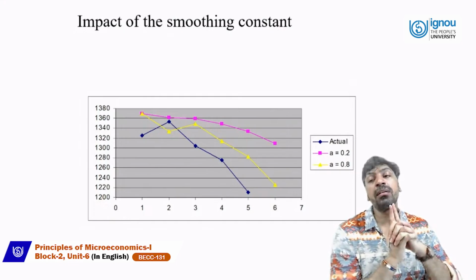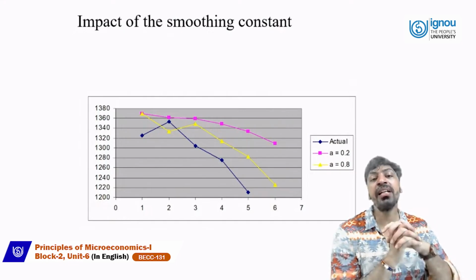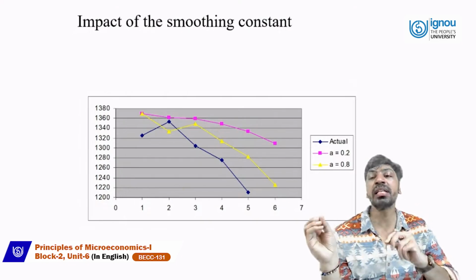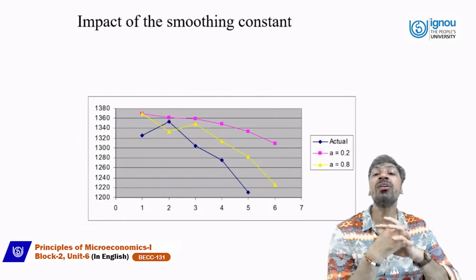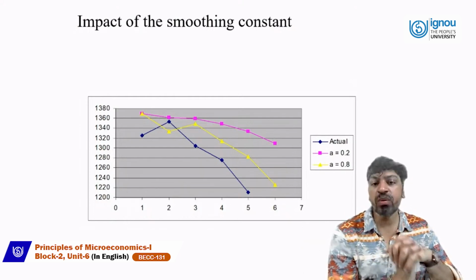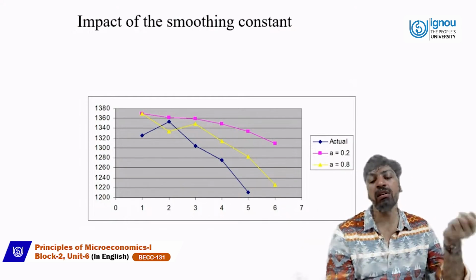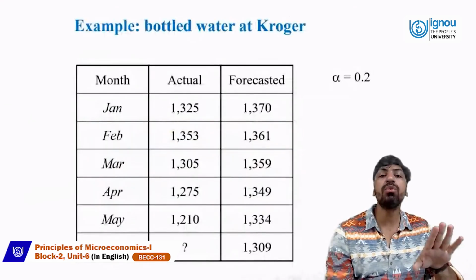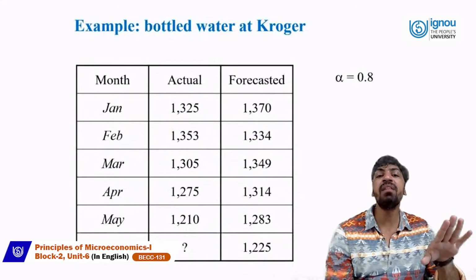The pink trend line is not declining so frequently at a decreasing rate because the alpha value is low. The actual values are already given and are the same in both questions, but with different alpha values.